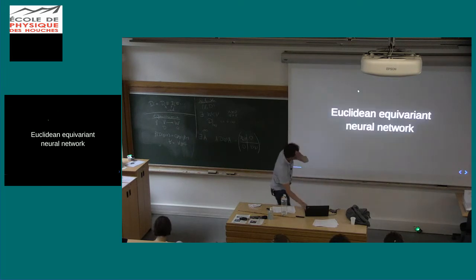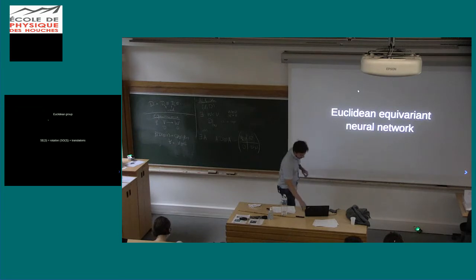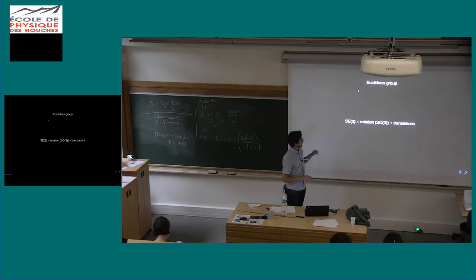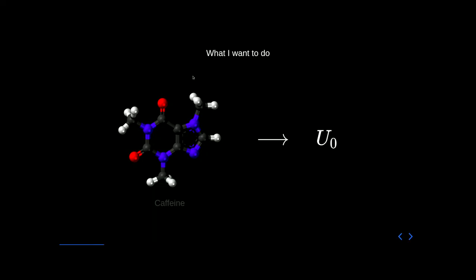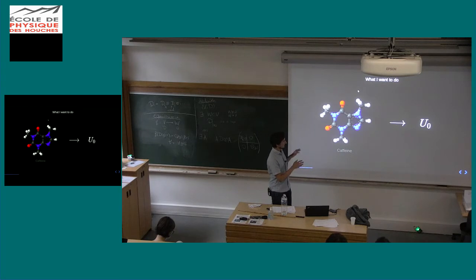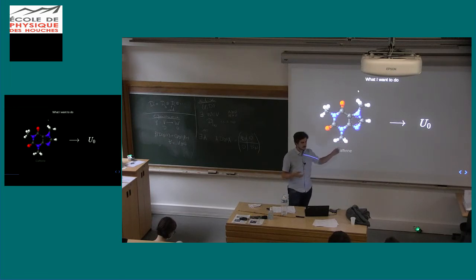So, I want to build a Euclidean equivariant neural network. Euclidean group means rotation plus translation in 3D. So what do I want to do? This is just a toy problem. It's a neural network that takes as input, for instance, a molecule and gives me the energy. If I rotate the molecule, it should always give me the same ground state energy.